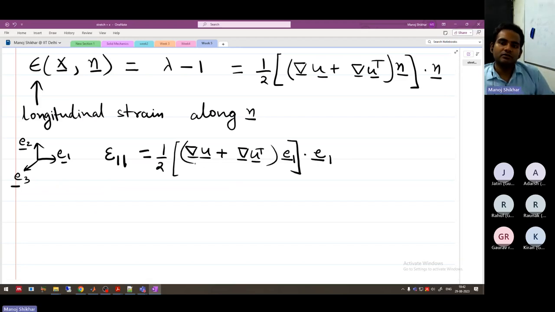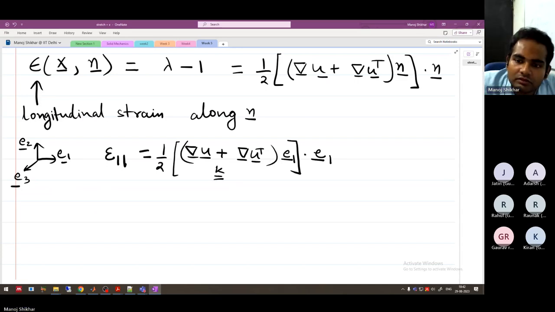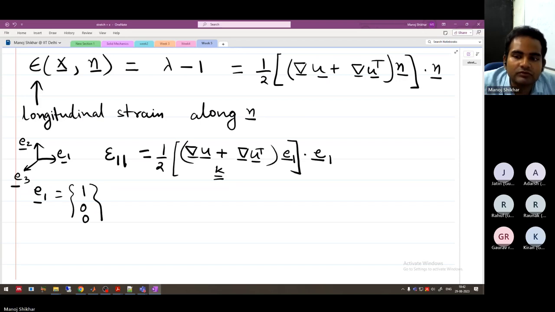So if you work this out, suppose I write this tensor by some matrix k. So what is this? K ij into vector E1. What is the form of E1? It's 1, 0, 0. So essentially we will get k1,1 if we solve this.